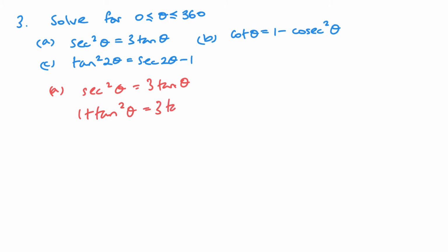And then we've got 3 tan theta. So rearranging on the left, tan squared theta minus 3 tan theta plus 1 equals 0. Now this one's not going to factorize, so I'm going to complete the square. Sorry, I'm going to use the formula.